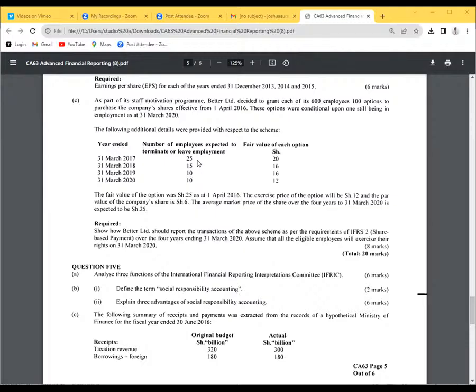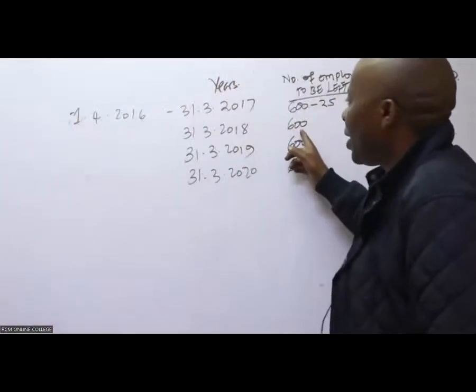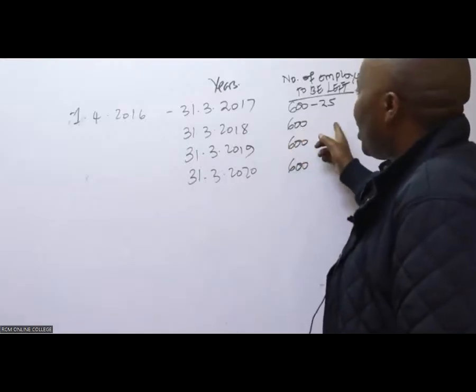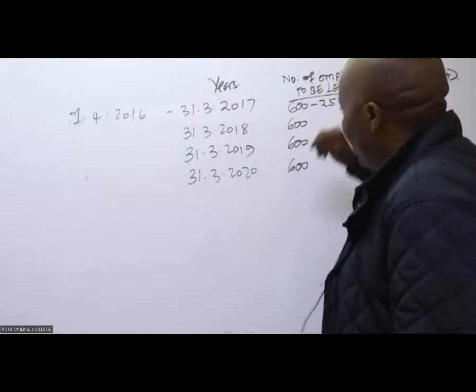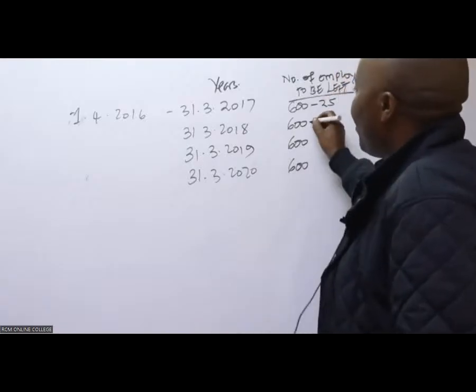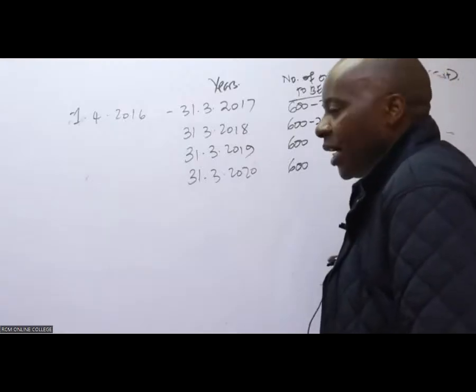So when you go to 2018, we expect 15 to leave. But remember, you started with 600, and I lost 25 in the first year. So 600 minus 25 minus 15, because they have given us the actuals for each year.